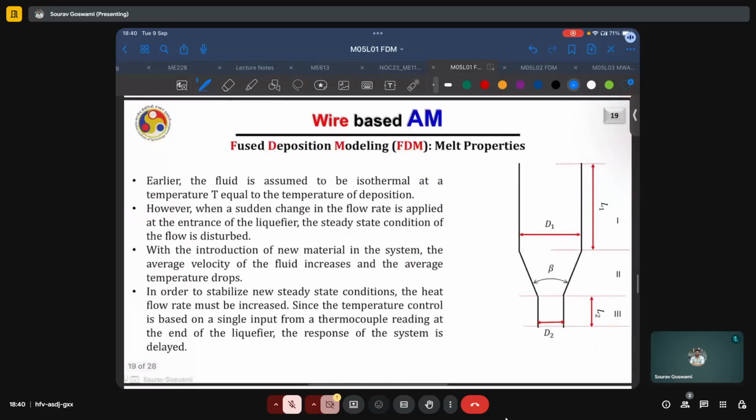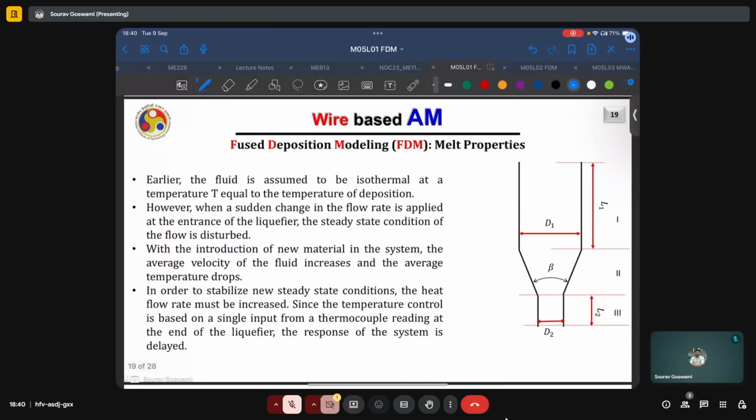However, this can lead to a few challenges. When a sudden change in the flow rate is applied at the entrance of the liquefier, the steady state condition of the flow is disturbed.